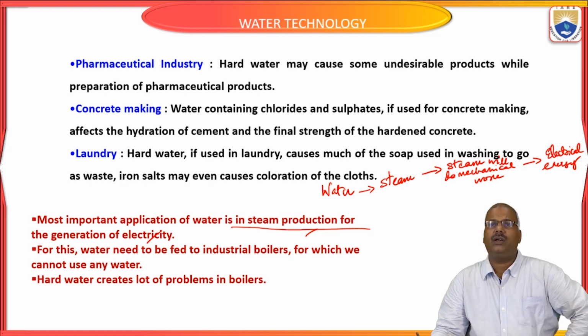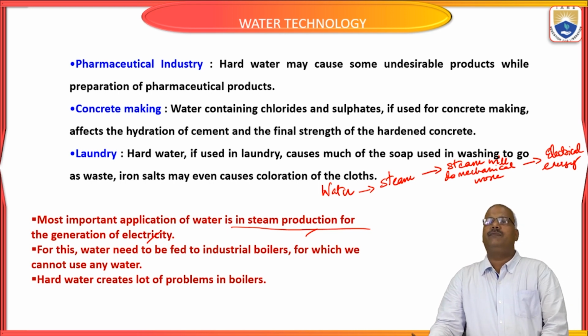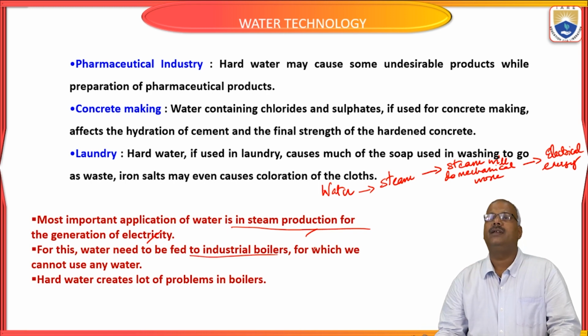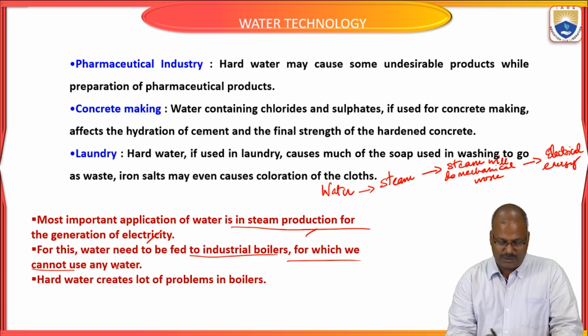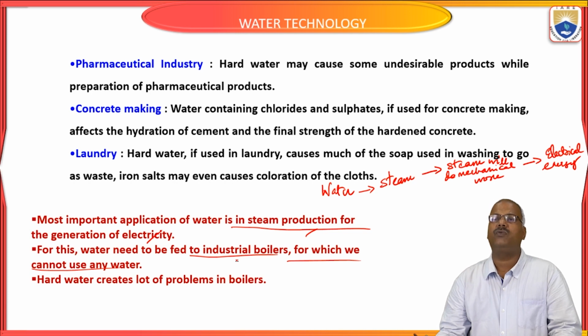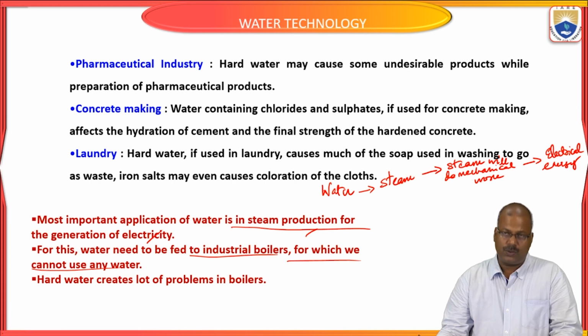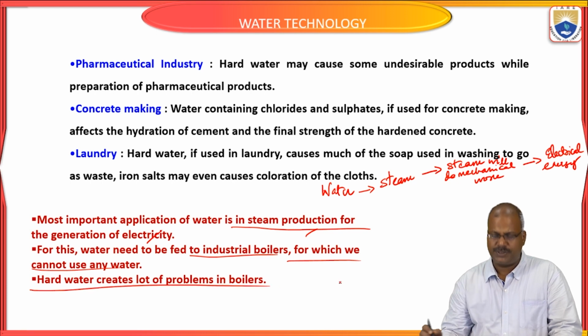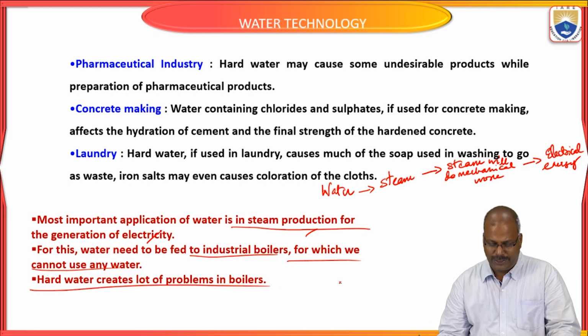For this, water needs to be fed into the industrial boilers, for which we need soft water. We need water which doesn't have hardness-producing salts. If you use hard water directly, it creates a lot of problems in boilers. What is a boiler?